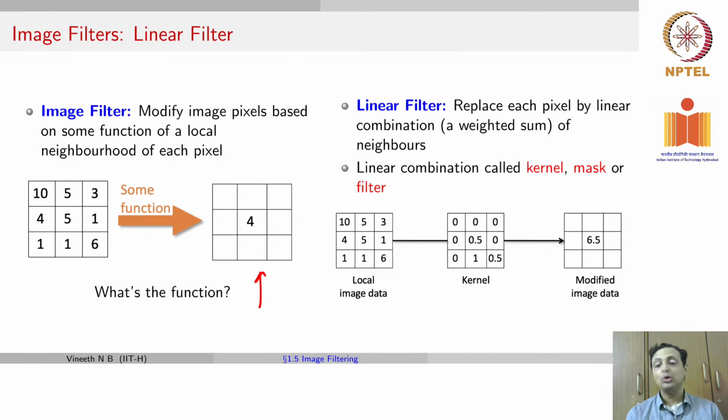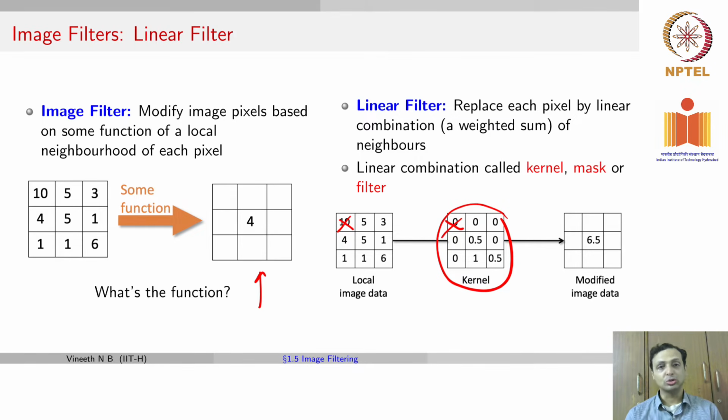You could also make this more complex and introduce a filter which has specific values in different locations, and you simply do a dot product of every value in the location in the image with the corresponding value in the location in the filter.